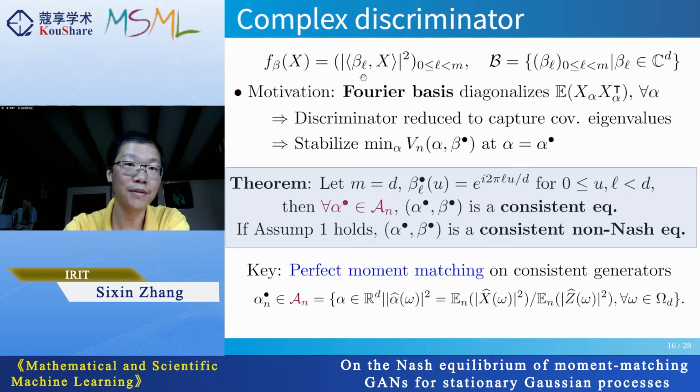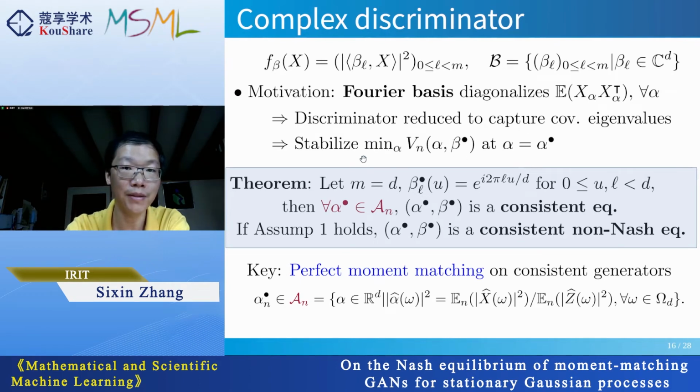This is constructed by projecting X into some basis indexed by L. So we have m directions, and if we choose m equals d, then we can expect to get a basis, and this reduced discriminant is trying to capture the covariance eigenvalues.